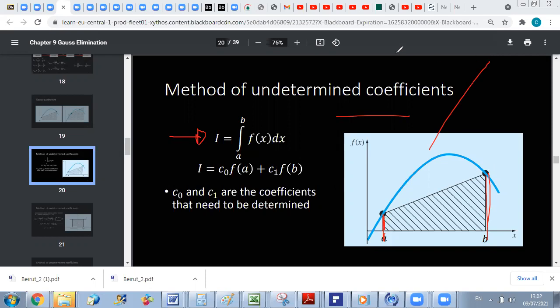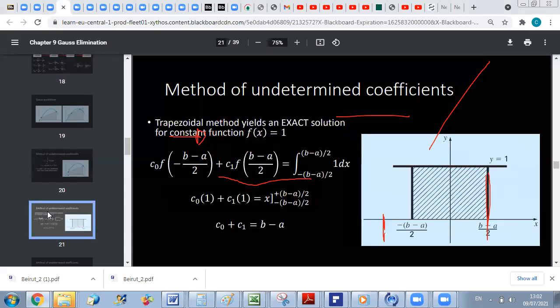So first we will say that this method will give me an exact result when I have a constant function. Let us find the first equation relating C0 and C1.